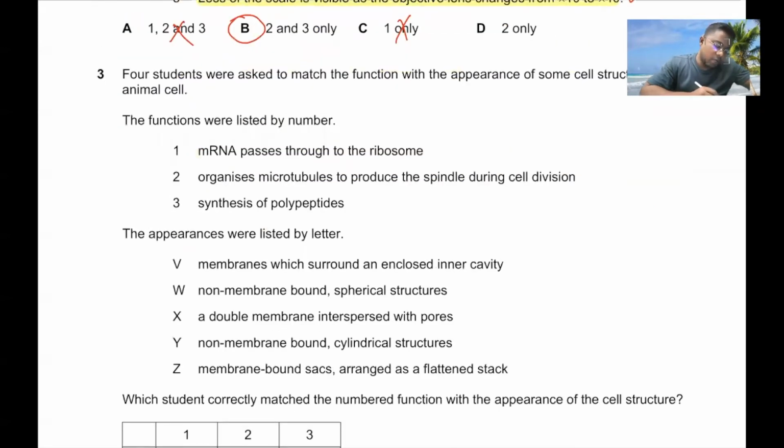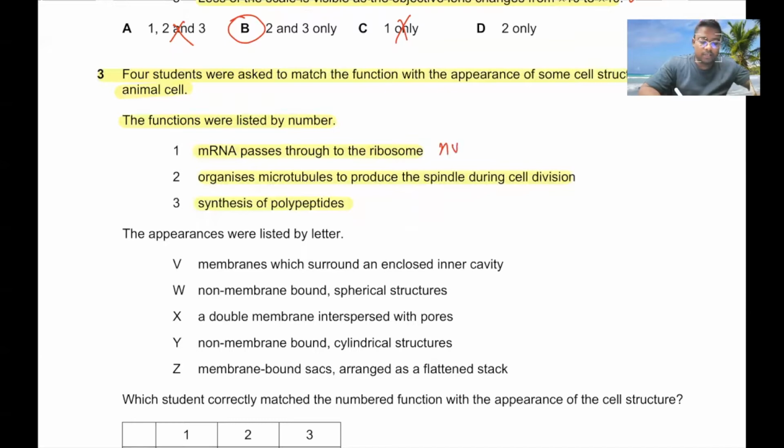Question number 3. 4 students were asked to match the function and the appearance of some cell structures in an animal cell. The functions were listed by number. mRNA passes through to the ribosome, organizes microtubules to produce the spindle during cell division, synthesis of polypeptides. All right. So mRNA passes through to the ribosome.